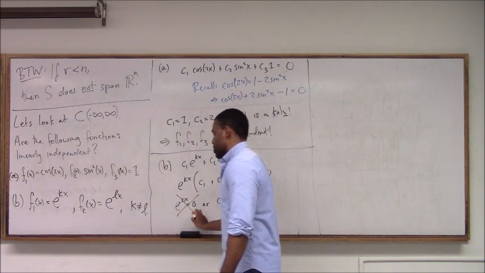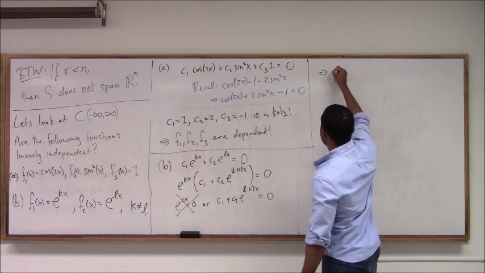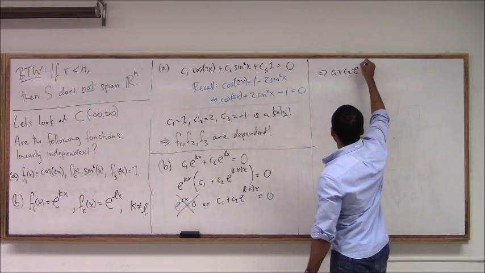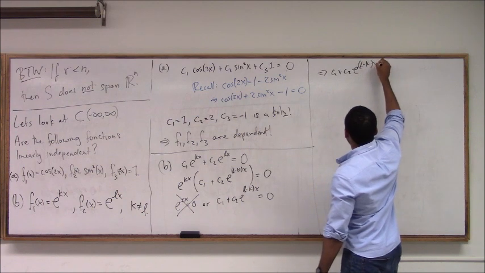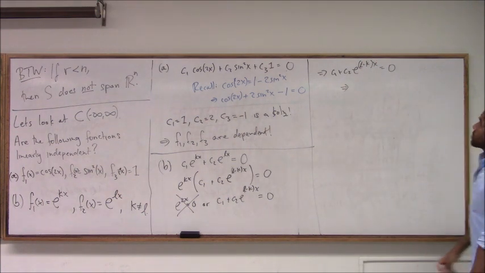Obviously, e to the kx equals 0 is never true. Your exponential is always greater than 0. So this would mean that c1 plus c2 e to the (L minus k)x must be equal to 0, which means c1 equals c2 equals 0.